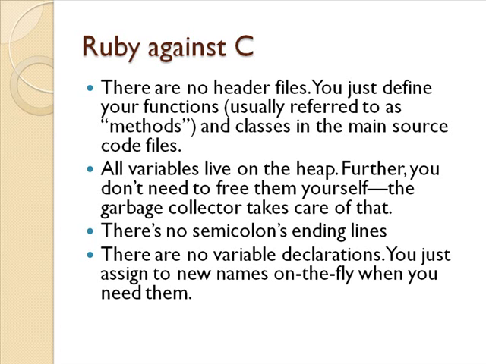All variables live on the heap. Further, you don't need to free them yourself. The garbage collector takes care of that. There are no semicolons ending lines. There are no variable declarations. You just assign to new names on the fly when you need them.